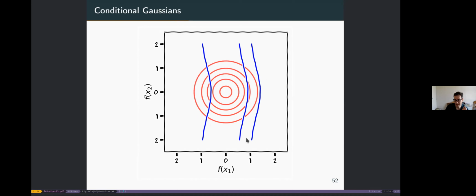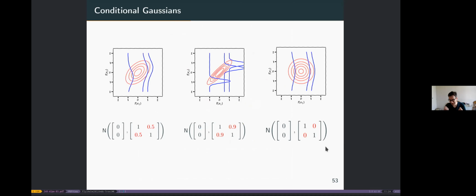All the conditional distributions are exactly the same. So effectively, the covariance element is the thing that allows me to define how much information is transferred between these two slices. A large covariance means a lot, a low covariance means a little.